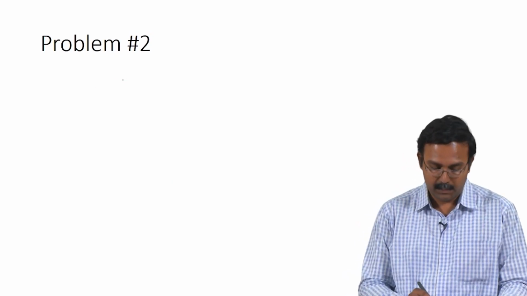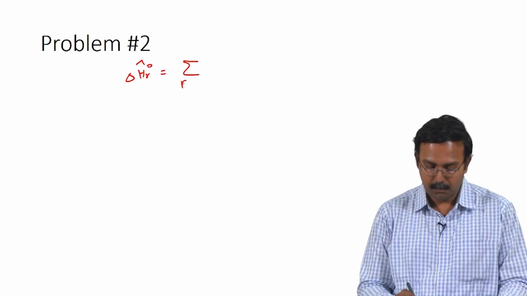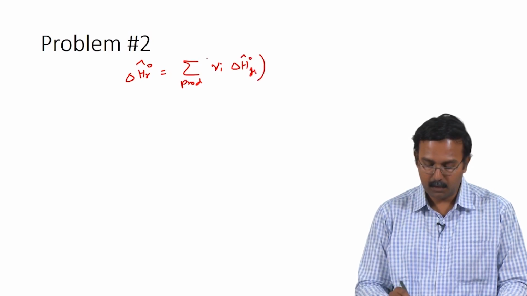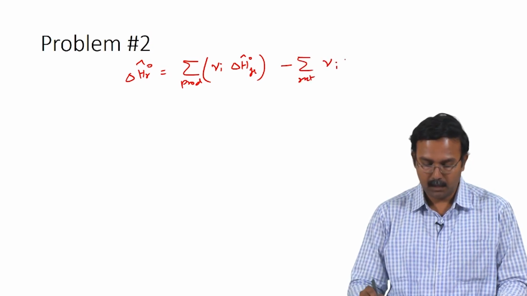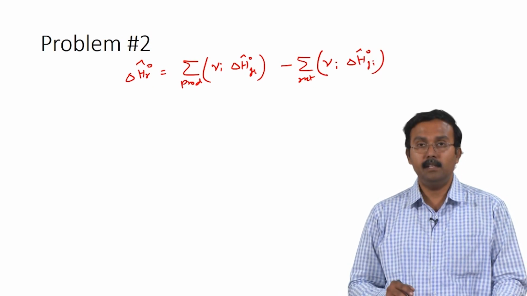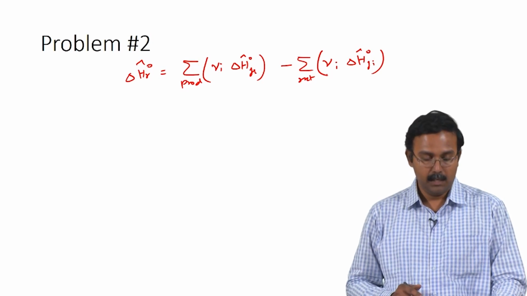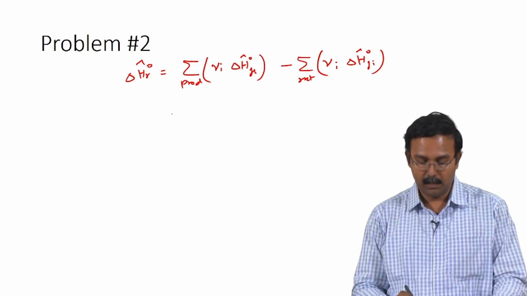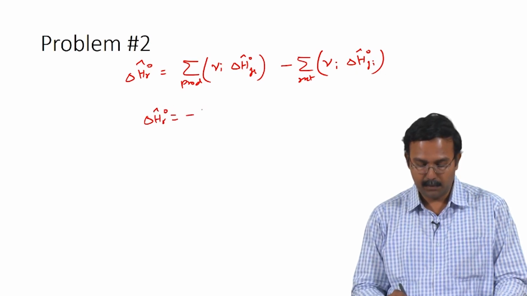Using the heat of formation, the standard heat of reaction would be equal to sigma of products, stoichiometric coefficient times standard heat of formation for a compound, minus sigma of reactants, stoichiometric coefficient times the standard heat of formation. You can get the values for the standard heat of formation from the tables, and using those values and the data given, delta HR standard would be equal to minus 5.21 kilojoules per mole.